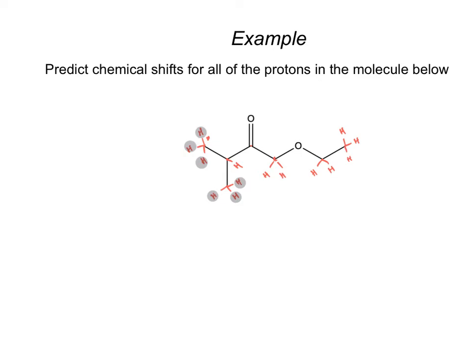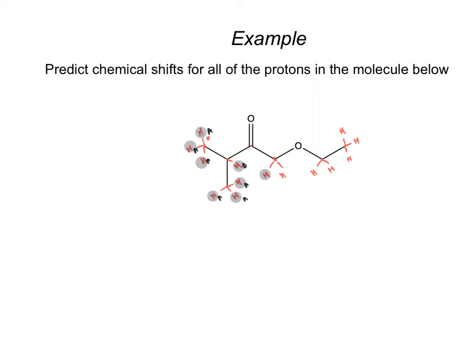We can call these HA, so they're all going to give rise to the same signal. Now, as we move in, we have this proton. It's distinct from the HAs and not chemically equivalent with anything else, so it would be its own signal. It would be HB.